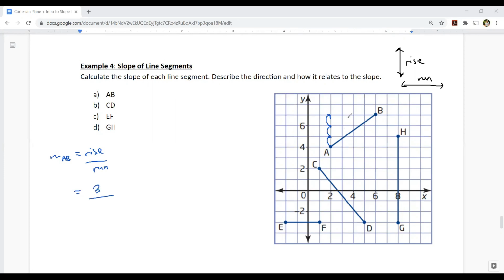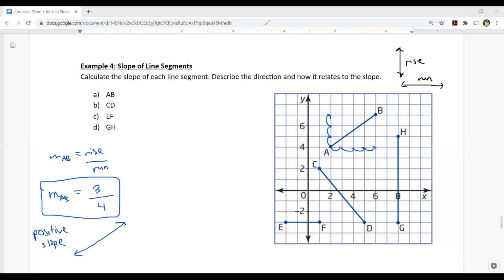When we look at our run, think of it as now we're going 1, 2, 3, 4 units to the right. So we're going to replace run with 4. And that means that our slope AB is going to be 3 over 4. Now, if you remember, since our line segment rises from left to right, and it looks like this, and as you could also tell from the fraction, this will have a positive slope.